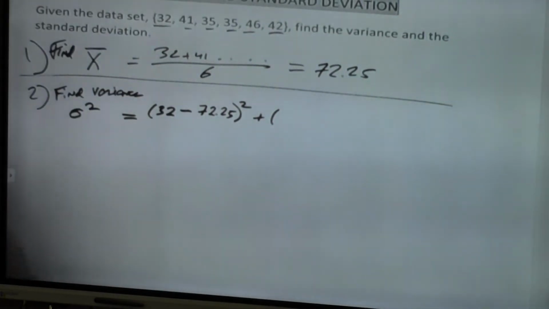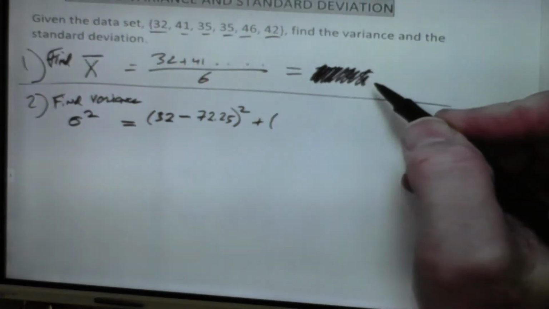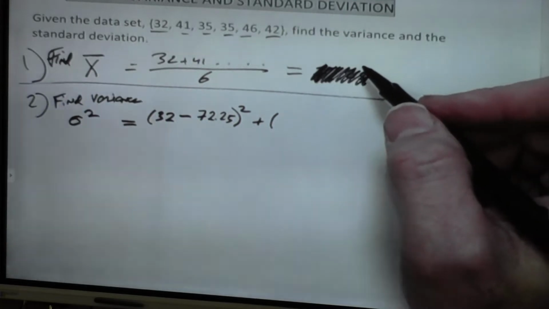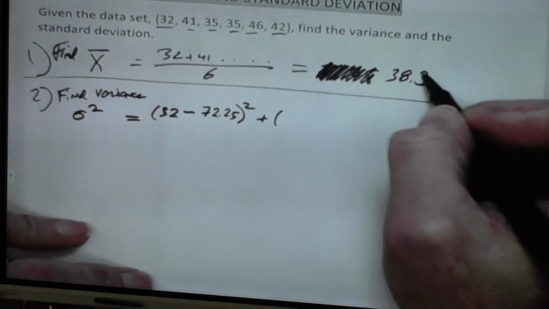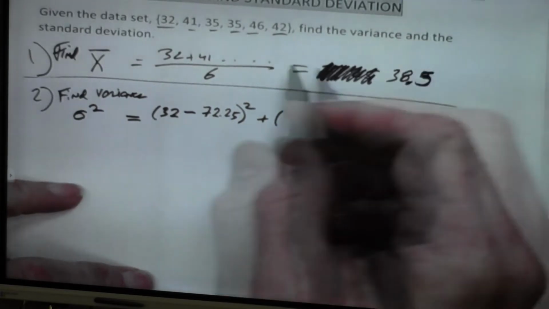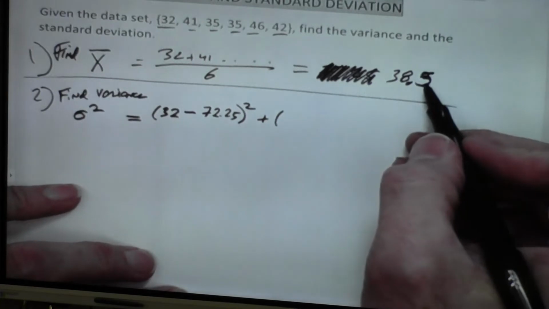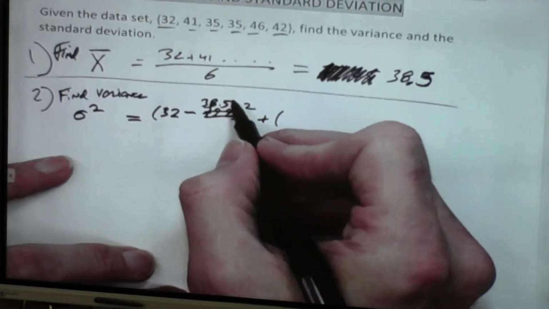Shouldn't it be 38.5? It should, and that's what I did. I was looking at the wrong paper. I got the whole thing written out here, but I looked at the wrong paper for the average. So 38.5. I should have realized none of these numbers are as high as 78, so it doesn't make sense. But 38.5 does, so I need to change that to 38.5.